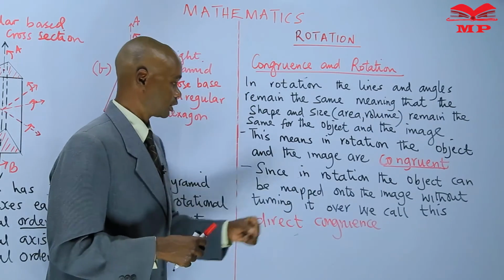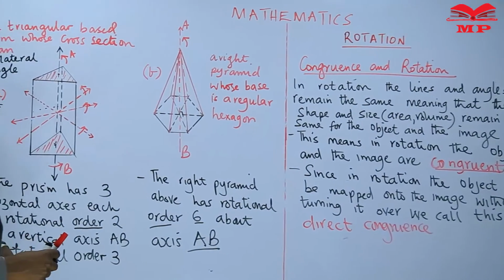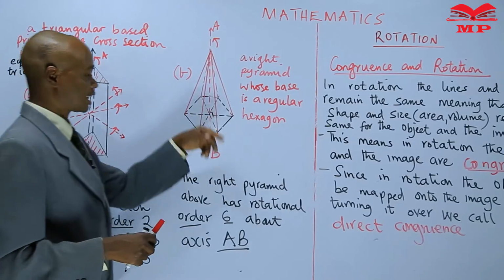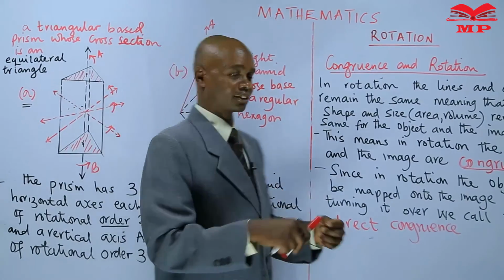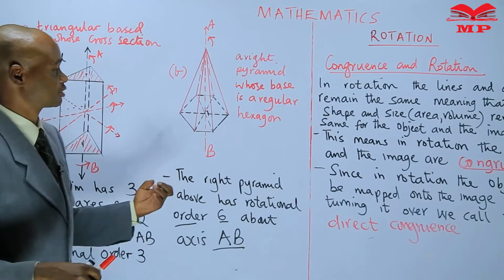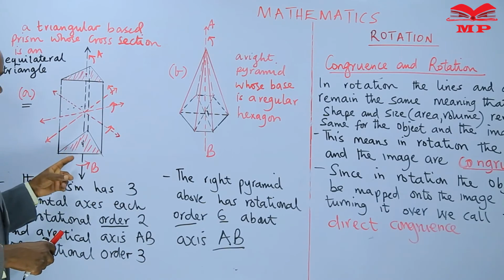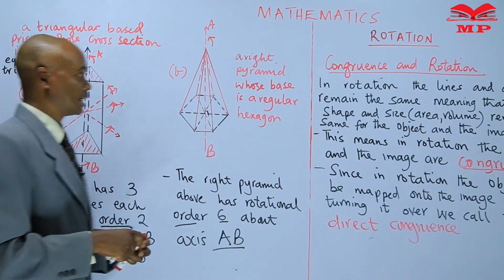So that's why we call it direct congruence. So learner, check wherever we've gone, the shapes gave us the axis of symmetry, and order comes from turning through 360 degrees. If you find it is 2 times, it gives us an order 2. If it is 3 times, order 3.